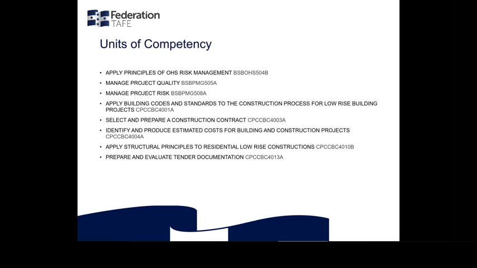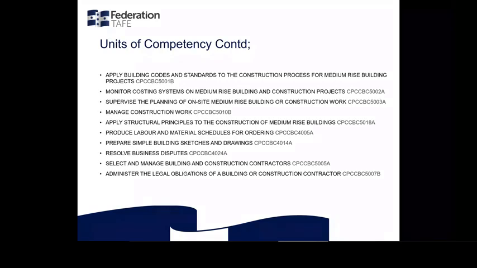So there's some of the units of competency. All the ones on the screen and the next screen are for the diploma, but some information on the Cert 4 as well. So is there any questions at all at this stage from anyone?